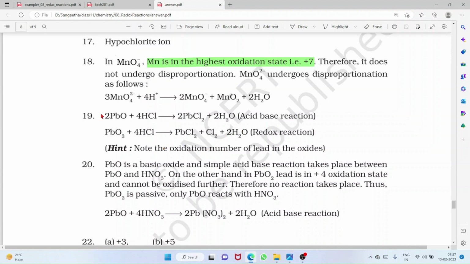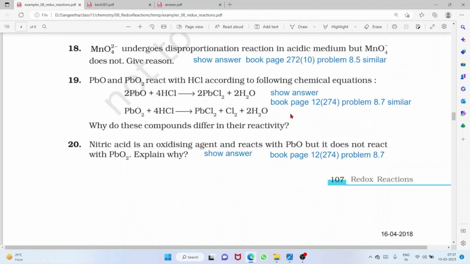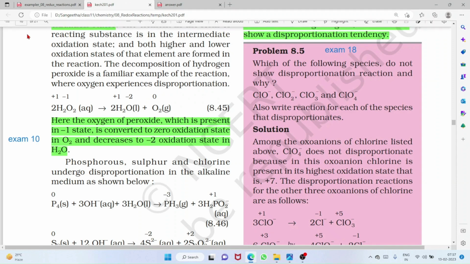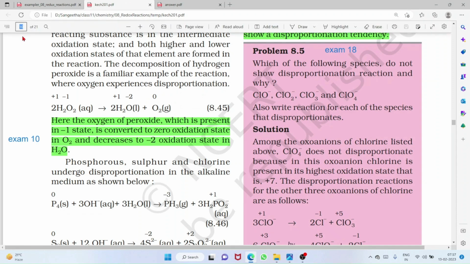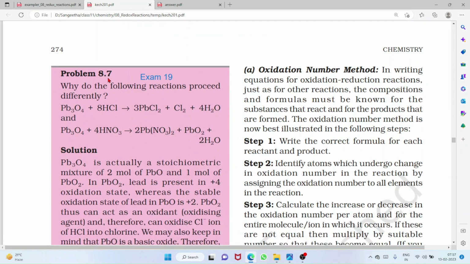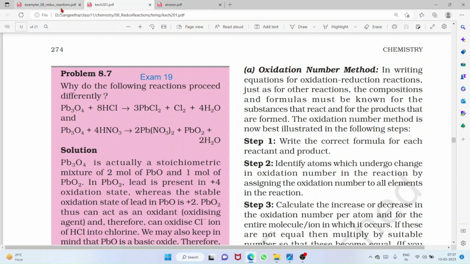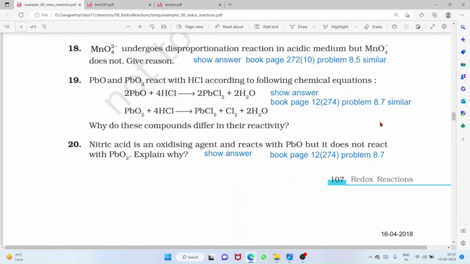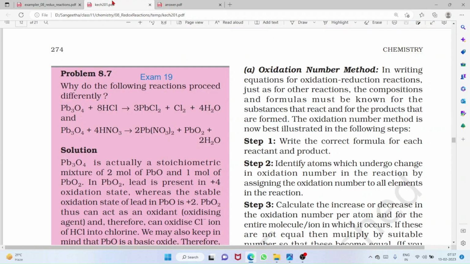Oxidation numbers of the lead. Which 2 sulfur 12. 8.7.